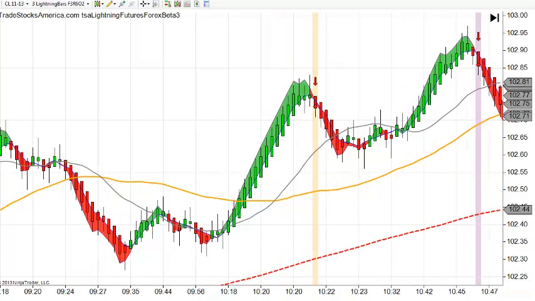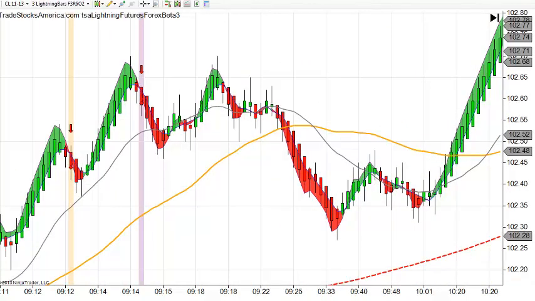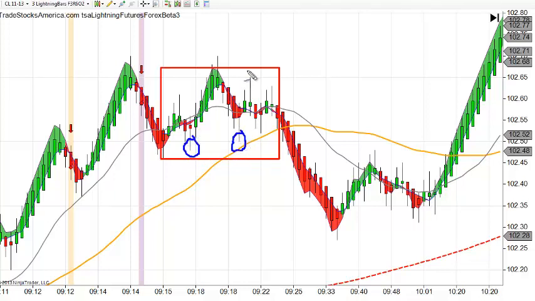Now, when someone asked me earlier on their questionnaire about a chop zone, let me show you what a chop zone looks like to me. It's this area in here where you see these wicks going up and down. That's when the price did hit above or below the actual candle. So it's stuck in this trading range, and you're not going to make any money here.